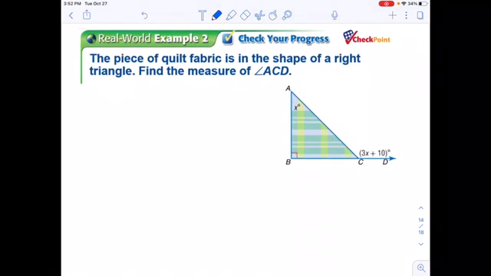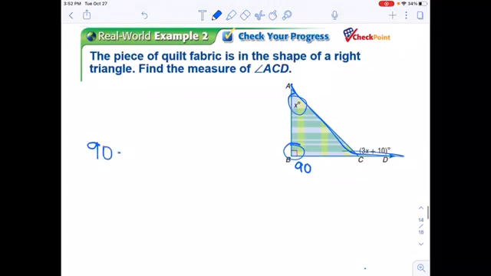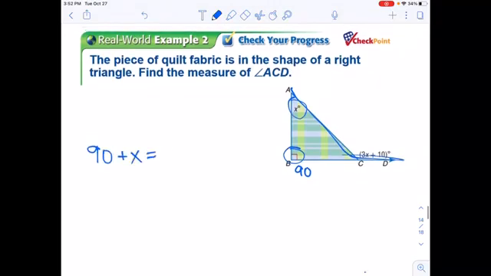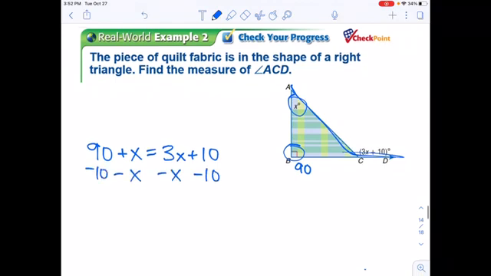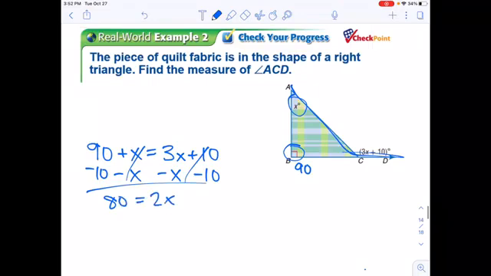The piece of a quilt fabric is in the shape of a right triangle. Find the measure of ACD. So we take 90 plus x, equal that to 3x plus 10. Solve for x. 80 equals 2x.